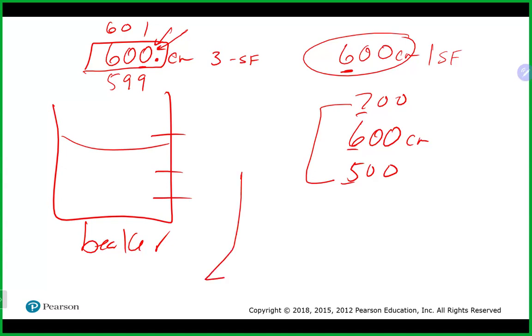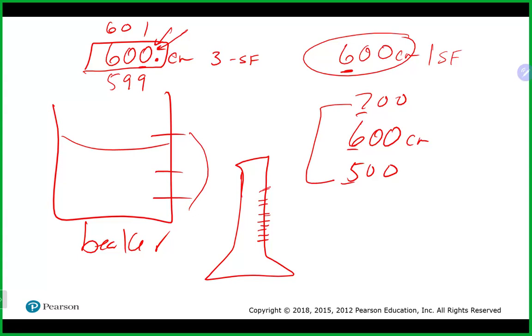But if you took something like a graduated cylinder, where there are a lot of markings on it, you're going to be able to measure out that volume a lot better based on the scaling. You're going to be able to really dial it in, rather than, I don't really have a lot to work with here. So there's a lot more uncertainty in a beaker versus a graduated cylinder.